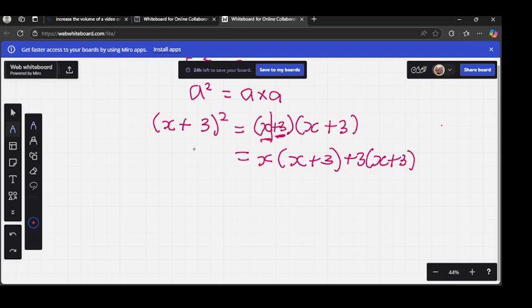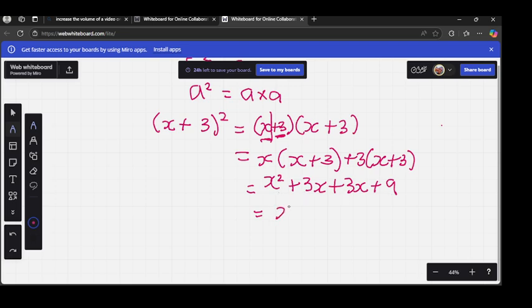Now, if x multiplies x, I would get x squared. If x multiplies 3, I will get plus 3x. If plus 3 multiplies x, I will get plus 3x. Now, plus 3 multiplying plus 3 will give me 9. So x squared plus 3x plus 3x plus 9.